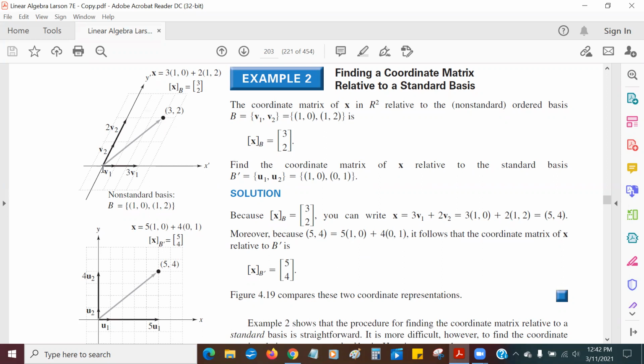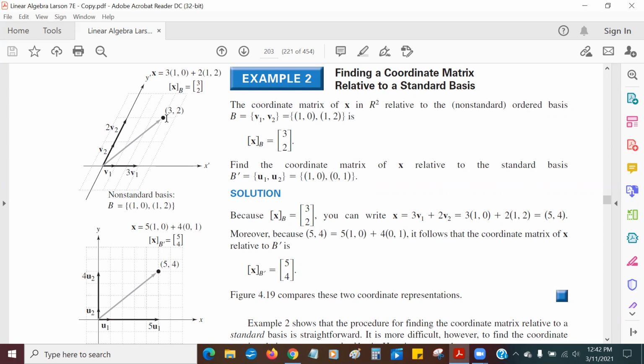So here, this is v1, which is (1, 0), and v2 is (1, 2). If I take 3 of these and 2 of those, I wind up getting up here to the point, I'm sorry, to (3, 2).